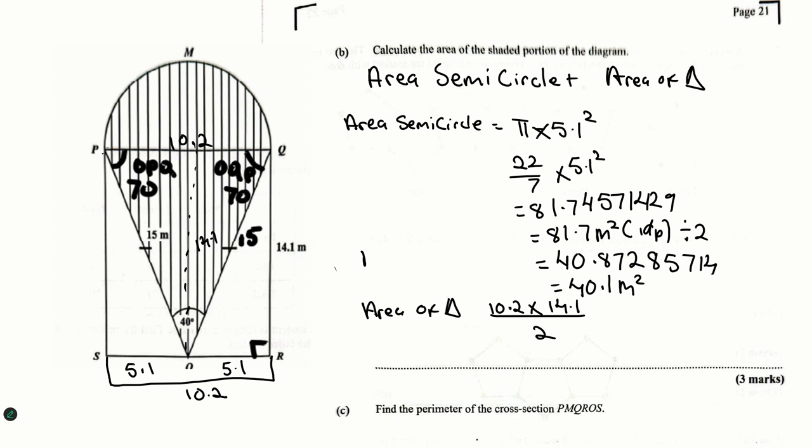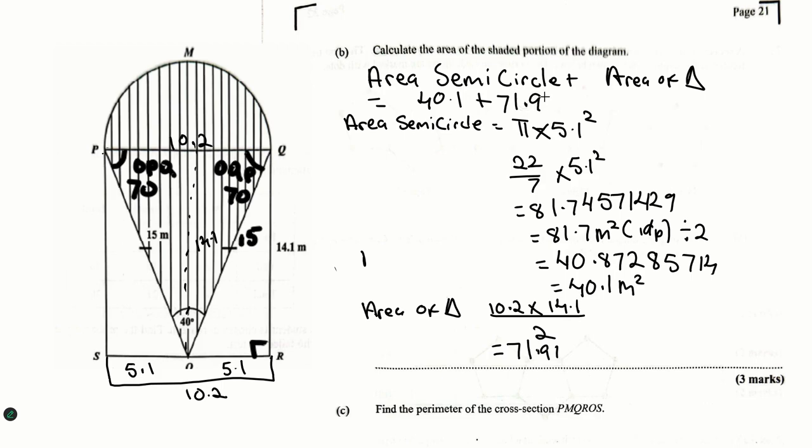So 10.2 multiplied by 14.1 divided by 2 is equal to 71.91.